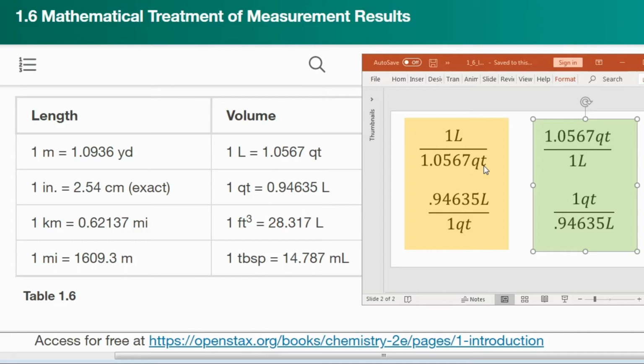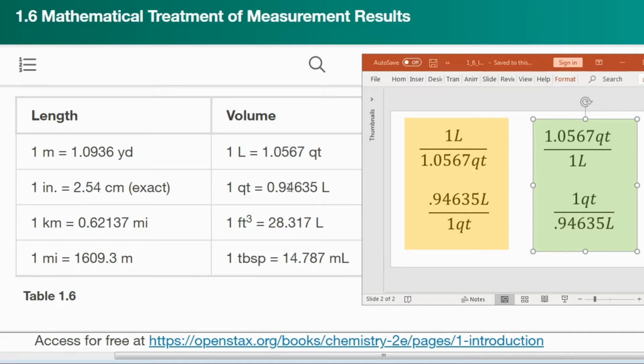Now what's interesting is you could see that they've listed two relationships here. 1 liter equals 1.0567 quarts, and 1 quart equals 0.94635 liters. It turns out you could use either quantity, you'll get the same result, provided you put the right units in the numerator and denominator.